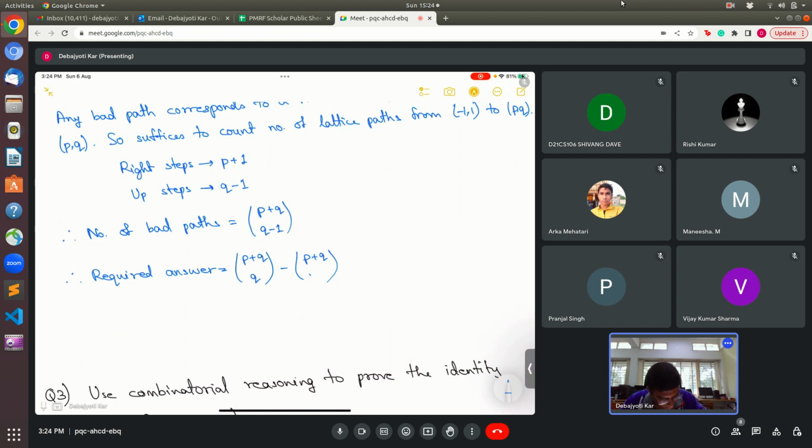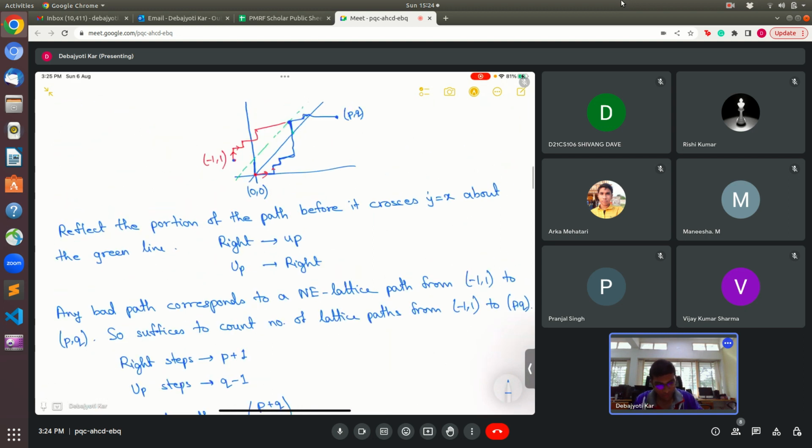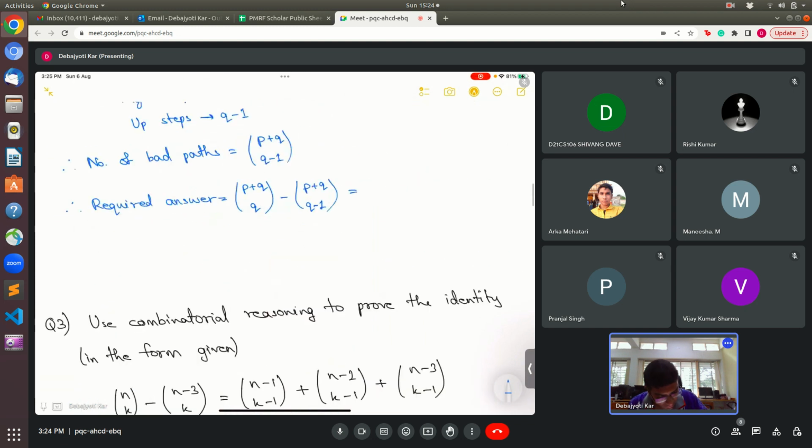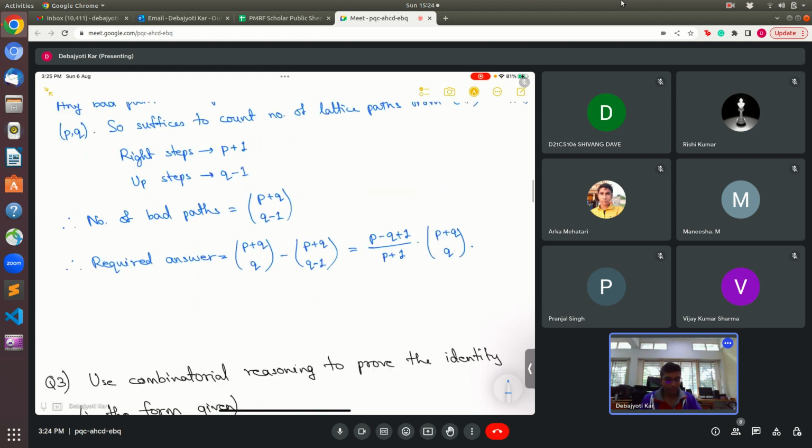It's the same thing. Okay, and this, if you simplify, then this will exactly come out as we want, this P minus Q plus 1 by P plus 1. So if you just expand this thing, then this will come out.